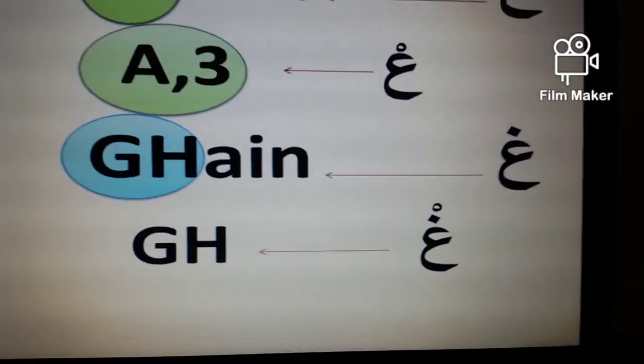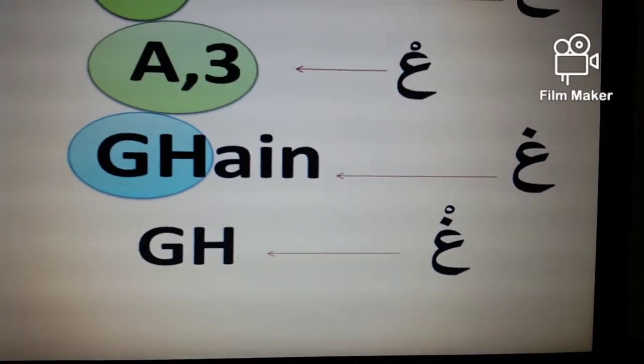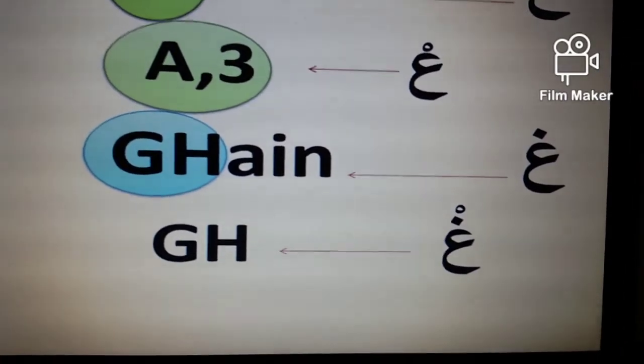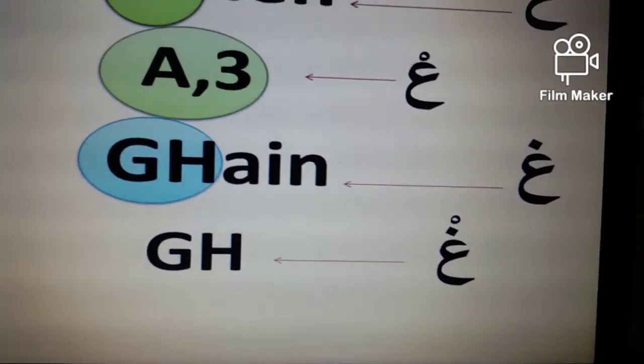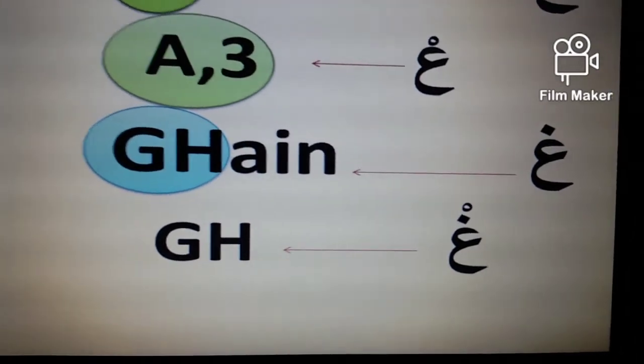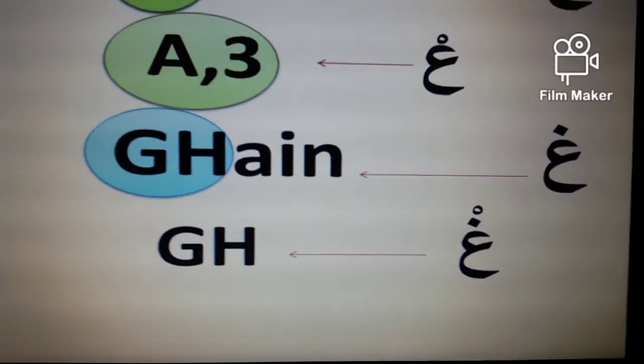Taking the last letter, which is ghain. Ghain consists of Ghain. So when we want to pronounce the letter in a consonant form with a sukoon over it, the small circle on that letter, it becomes like that.